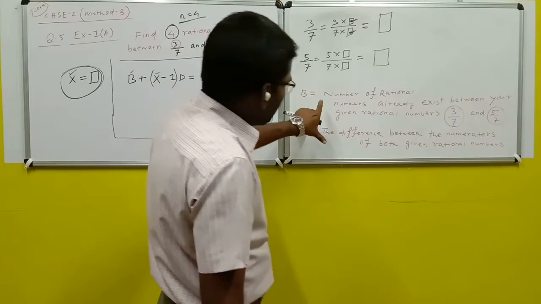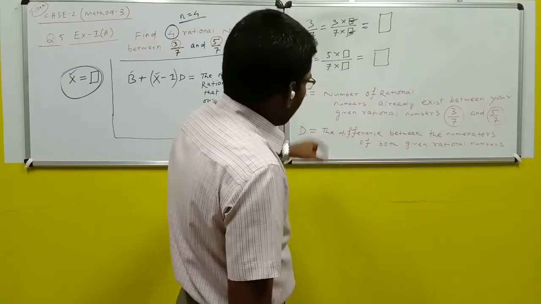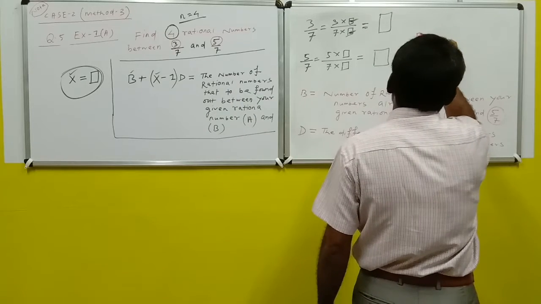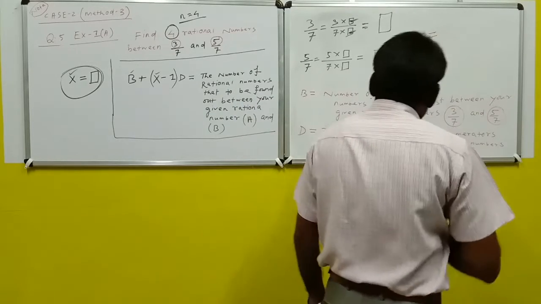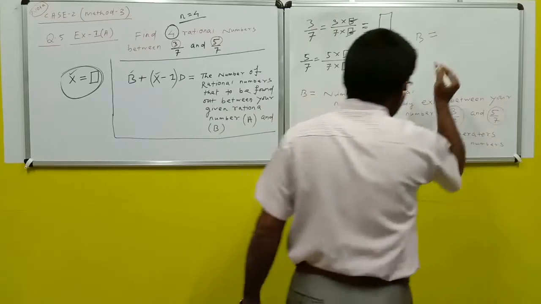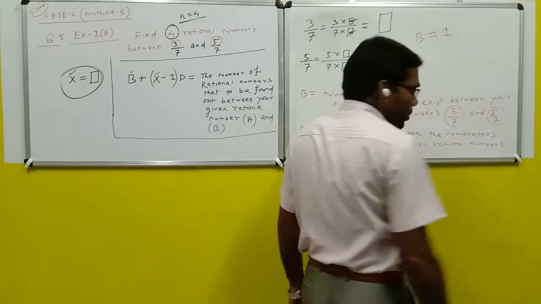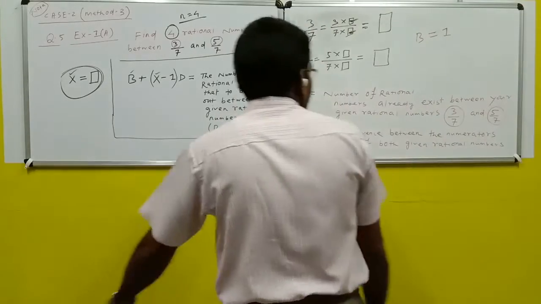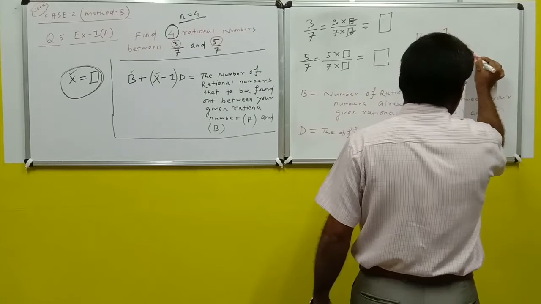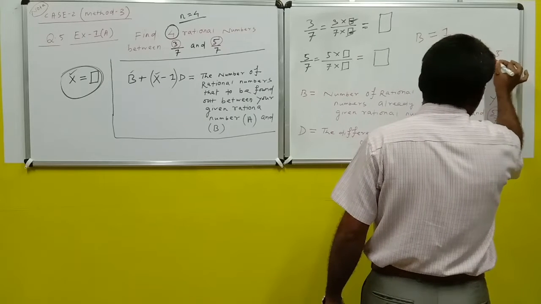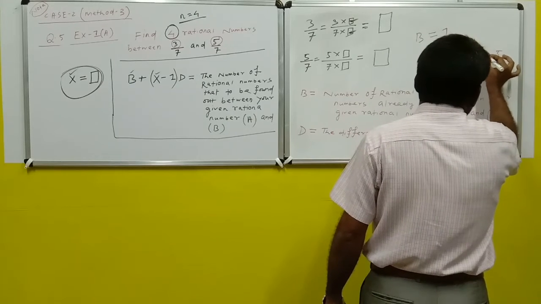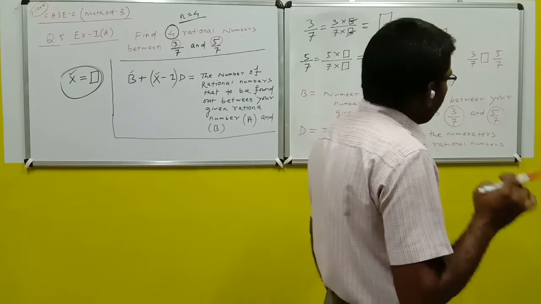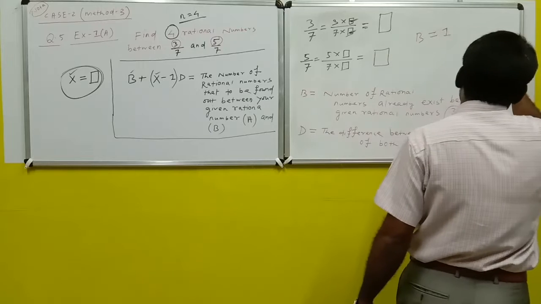So according to this, it is clear that the value of b will be 1. Why will the value of b be 1? Because you see that between 3/7 and 5/7 only one rational number already exists, that is 4/7.